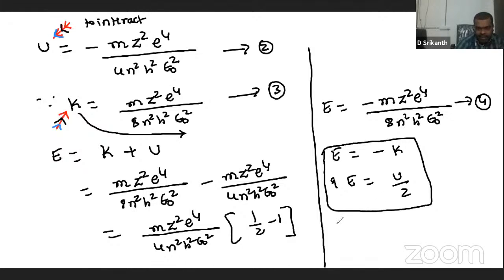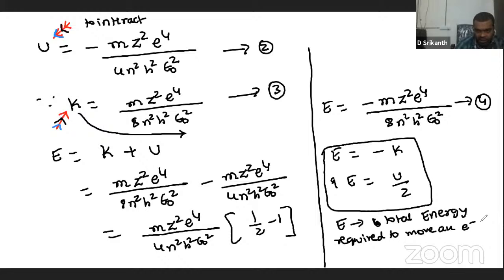So E is the total energy required to move an electron from a lower state to the next higher state.